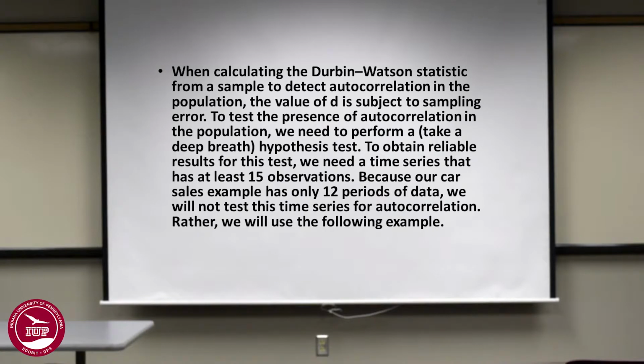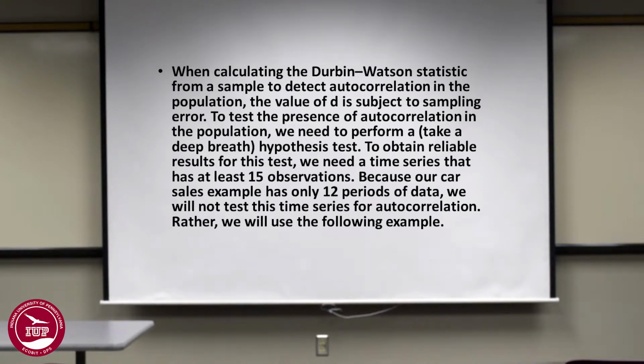When calculating the Durbin-Watson statistic from a sample to detect autocorrelation in the population, the value of D is subject to sampling error. To test the presence of autocorrelation in the population, we need to perform a hypothesis test.